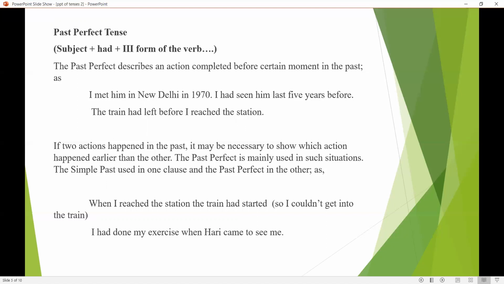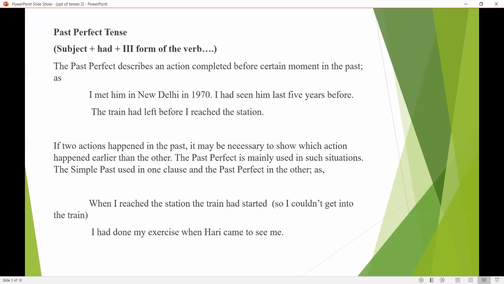I met him in New Delhi in 1970. I had seen him last 5 years before. Can you make out the completion of action just before a certain moment in the past? Yes. The next example, the train had left before I reached the station.